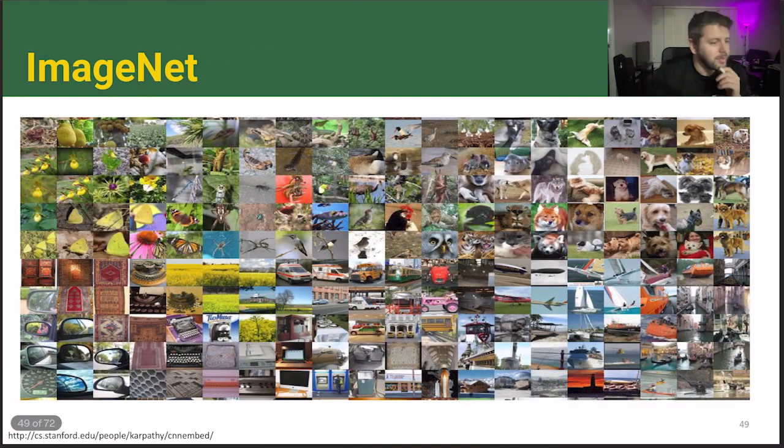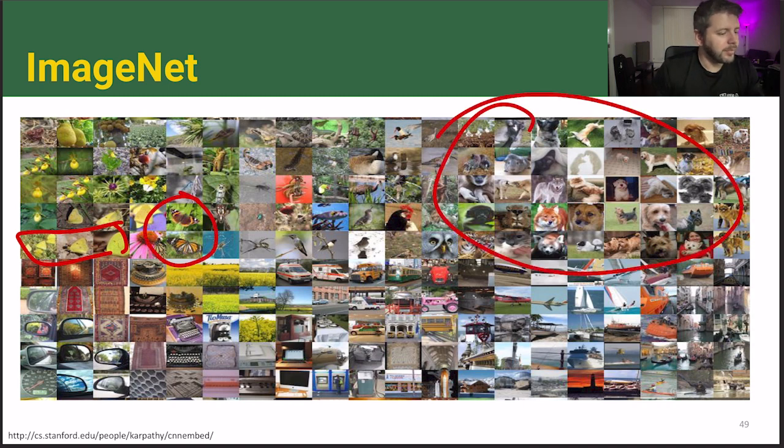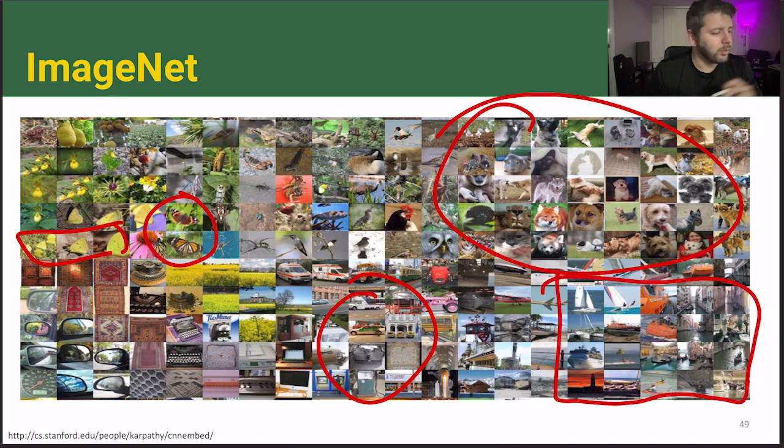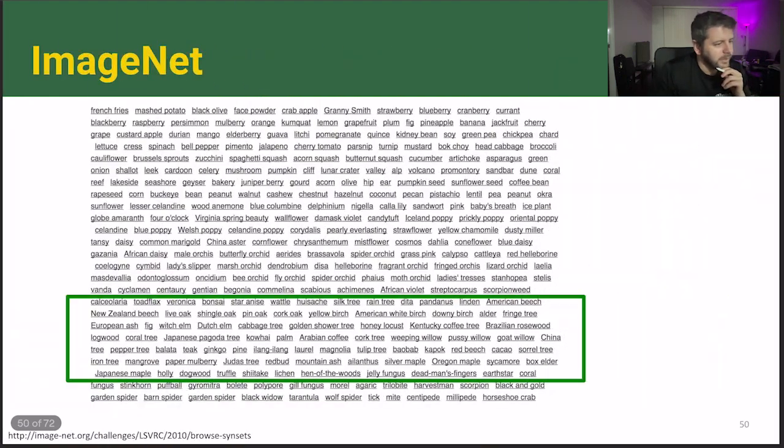So here are some samples from the ImageNet database. Up in the corner here we have a lot of butterflies. Also around here, many different animals, lots of buildings, scenes and boats, etc. And here's an example of some of the 1,000 classes in the ImageNet dataset.